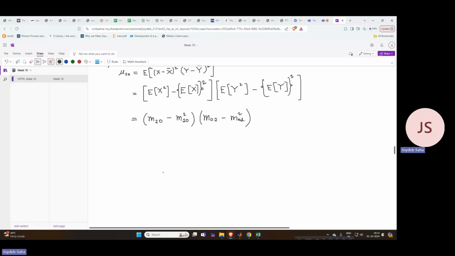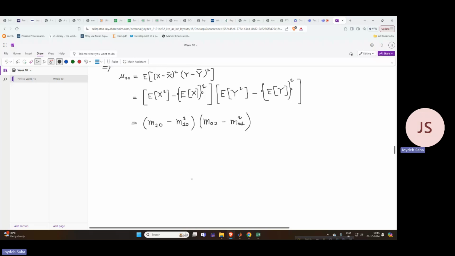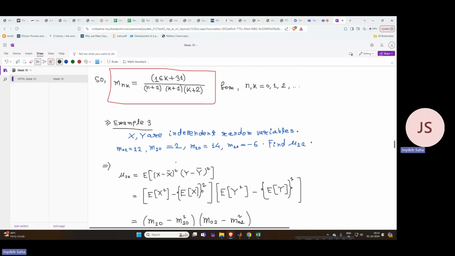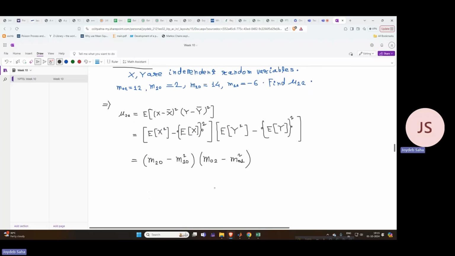So if we check, we can see that we don't have one value. What is that? m20 and m02 we have, m10 we have, but m01 we don't have. So we'll use one property.